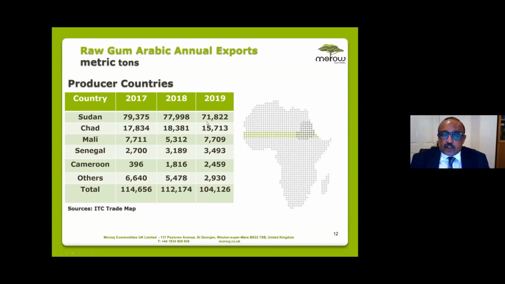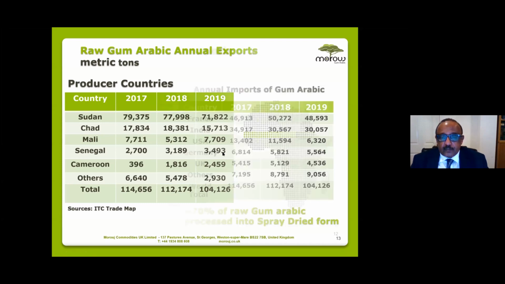But Sudan exported around 72,000 tons, and this represents about 70% of the gum export. Then Chad, Mali and Senegal. Mali and Senegal used to export a few hundred tons, and now their exports reach thousands of tons.